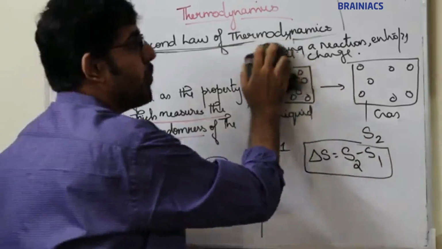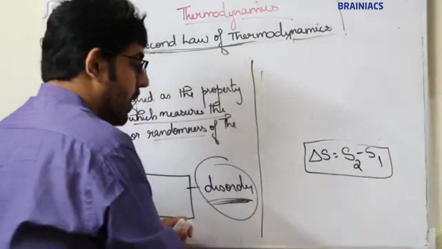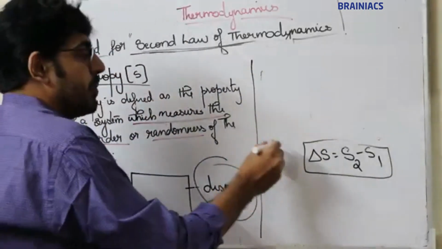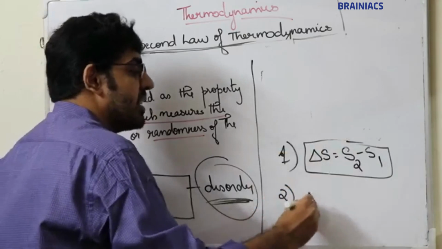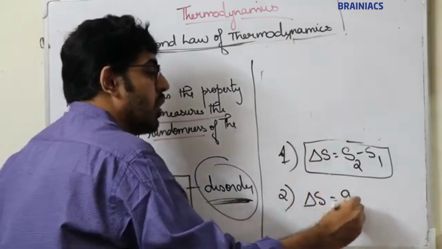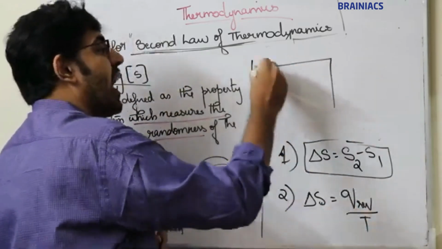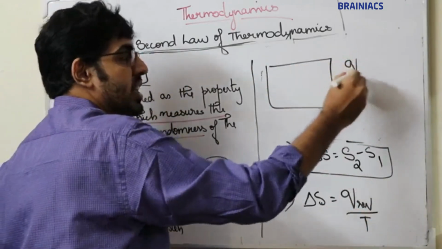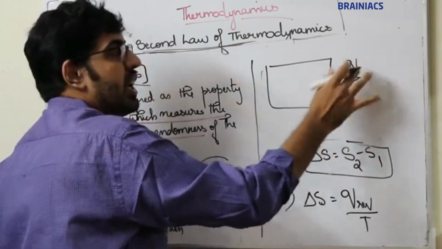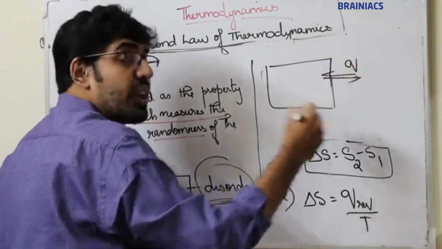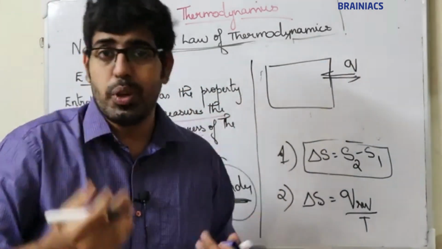Now there is one more formula to calculate entropy. This is the first equation, and the second equation is delta S is equal to Q reversible by T. Now, if a system absorbs heat energy reversibly, so consider a system which shows a reversible process.